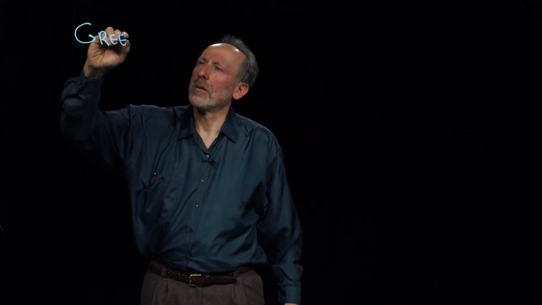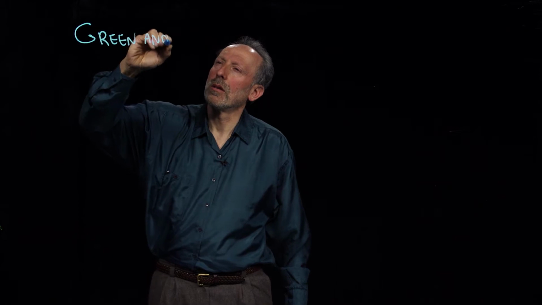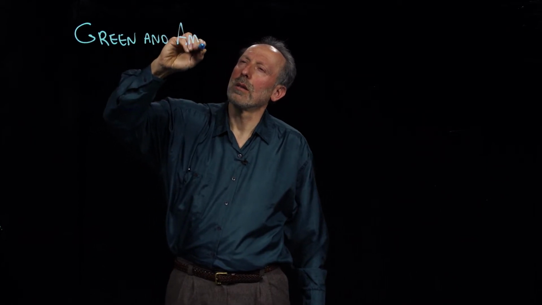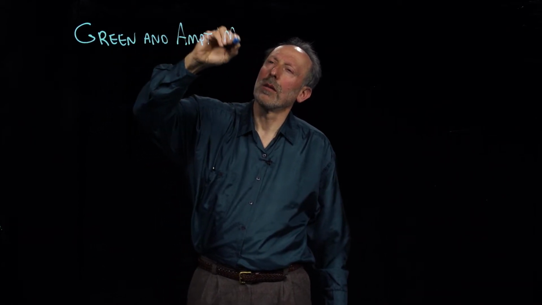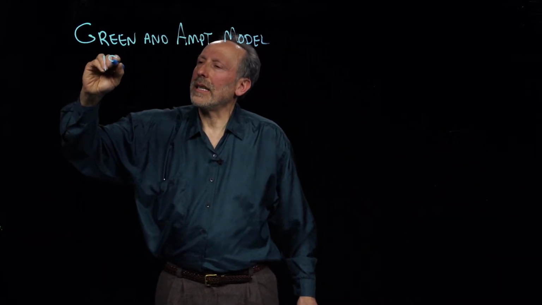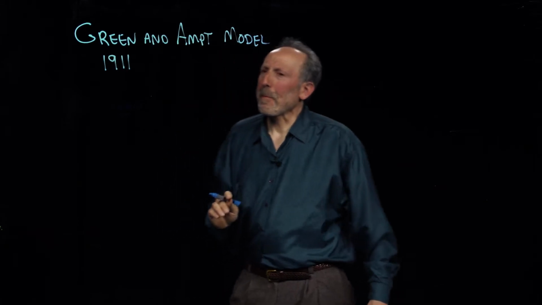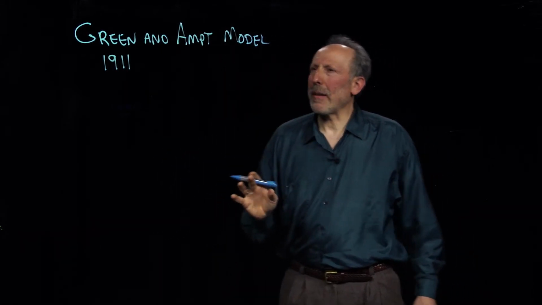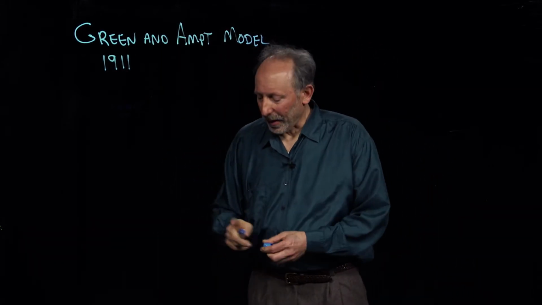And one of the most useful models for estimating the water movement in soils is what's called the Green and Ampt model. The Green and Ampt model was published in 1911 by Green and Ampt, who did their work in Australia.